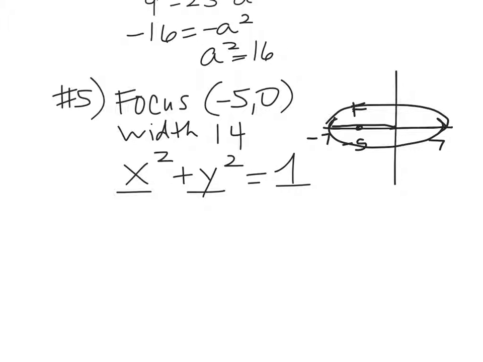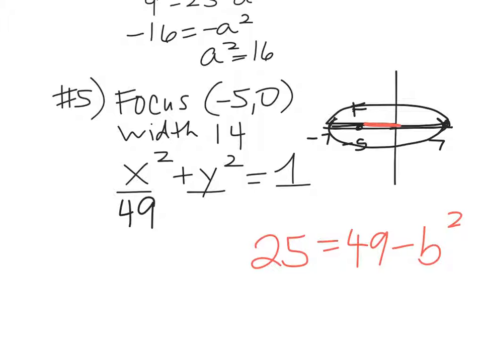Let's go ahead and get these numbers filled in here and here. So one of them I know already. What is it and where does it go? Under the x squared. It goes out this far to 7. So 49 underneath the x squared. And then c is 5, the distance. 25 equals, yes?